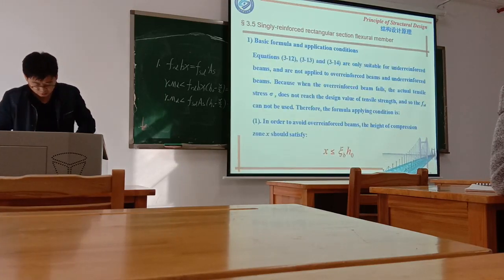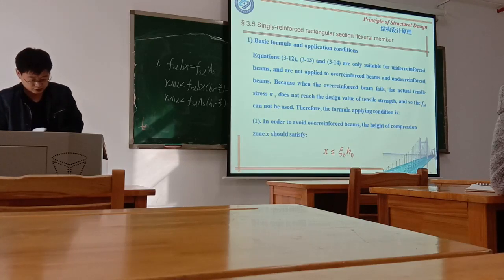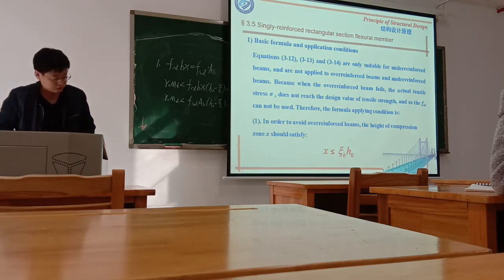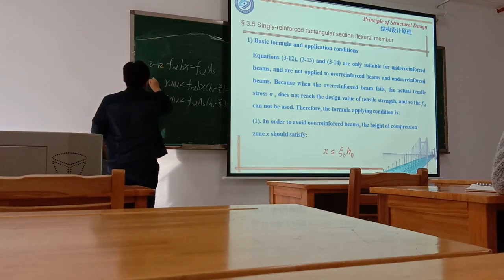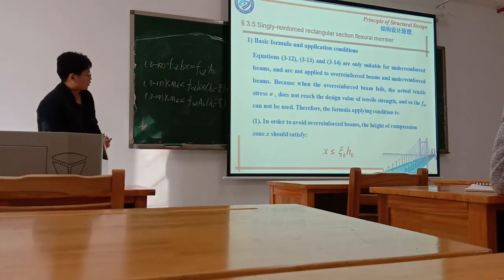In the book, the numbers of these formulas are 3-11, 3-13, and 3-14. These three formulas are the base for calculation.